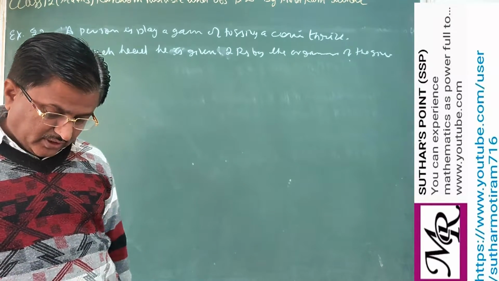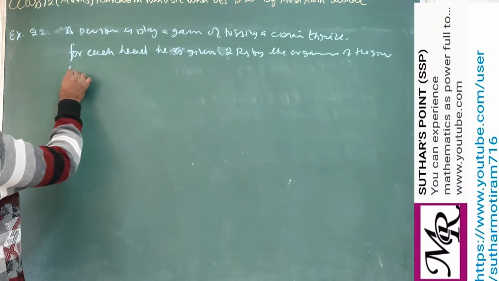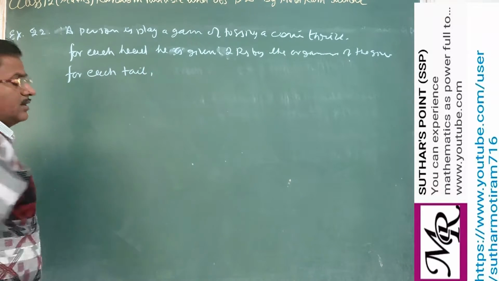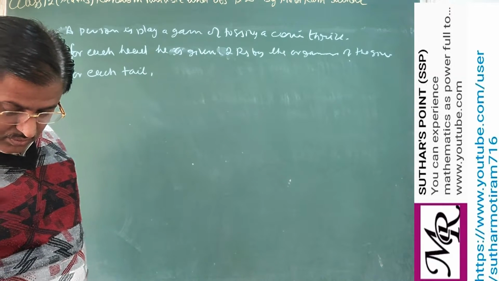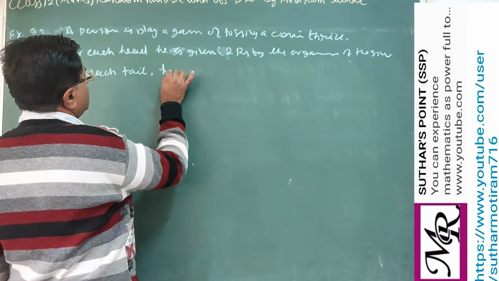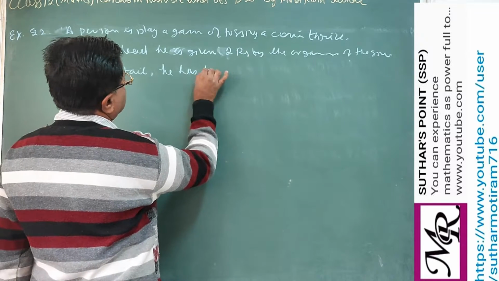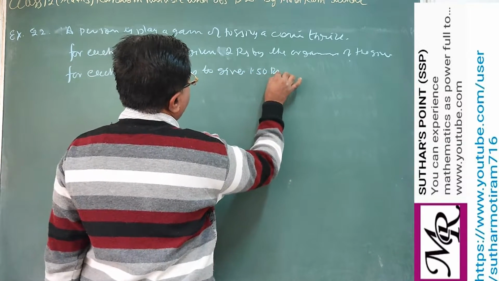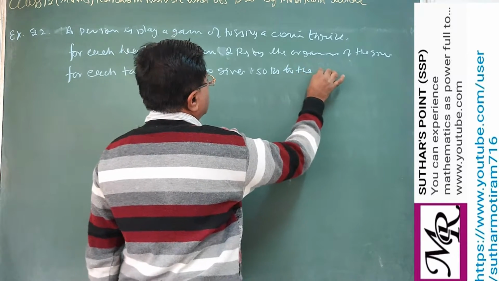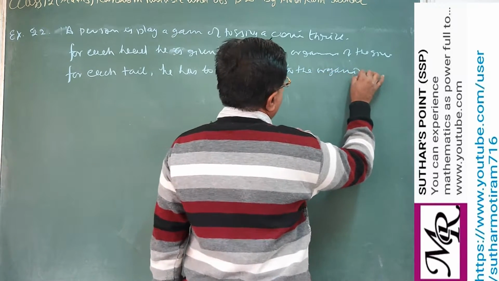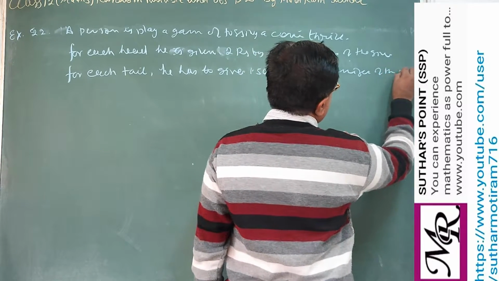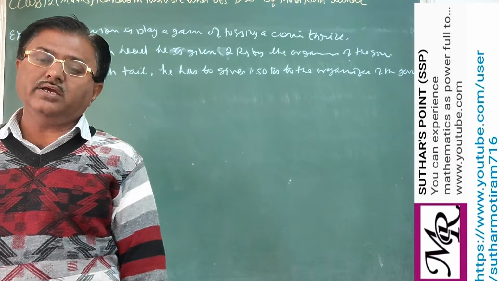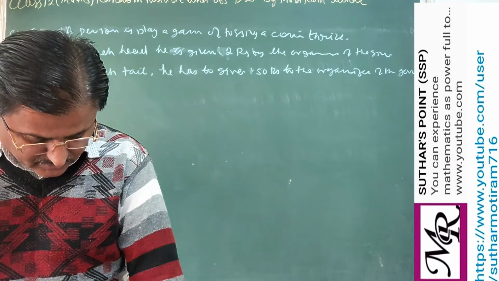And for each tail, if he gets a tail, then he has to give 1.50 rupees to the organizer of the game. This is the condition. If he is getting a tail, then he has to submit 1.50 to the organizer.